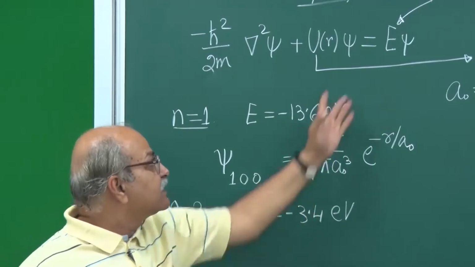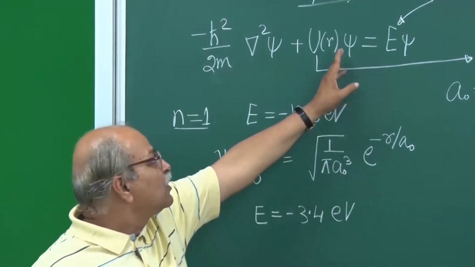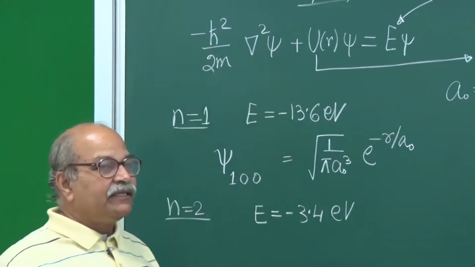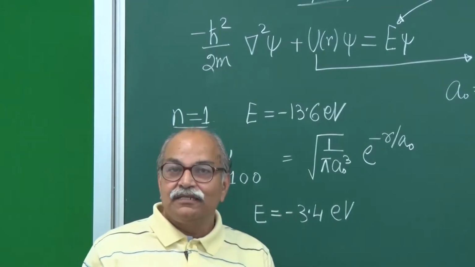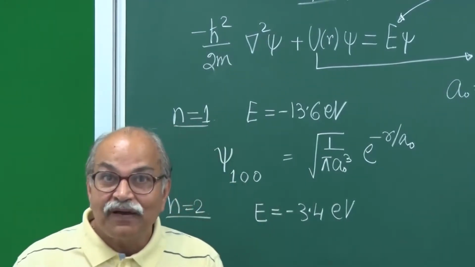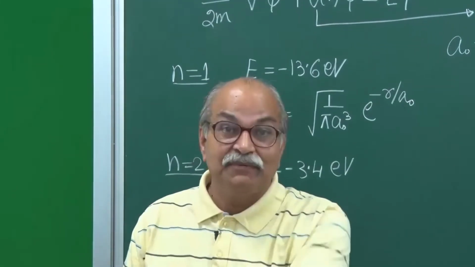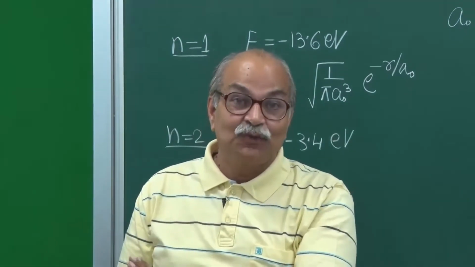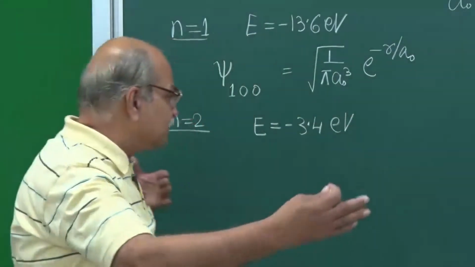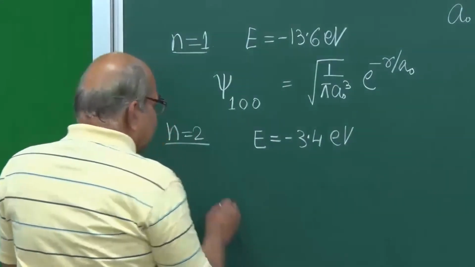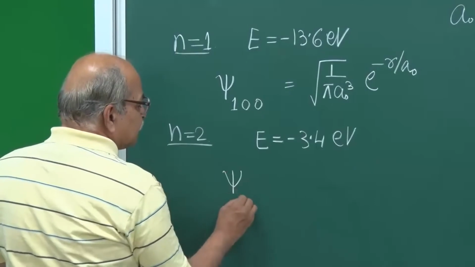And if this is the energy, then what is this psi? It turns out that more than one functional form is possible. In fact, 4 of them are possible. There are some expressions which I will not write here, but there are 4 which we write.